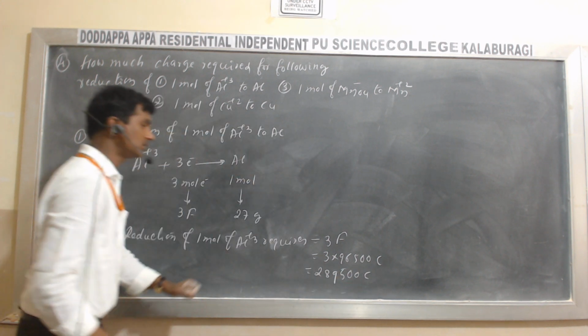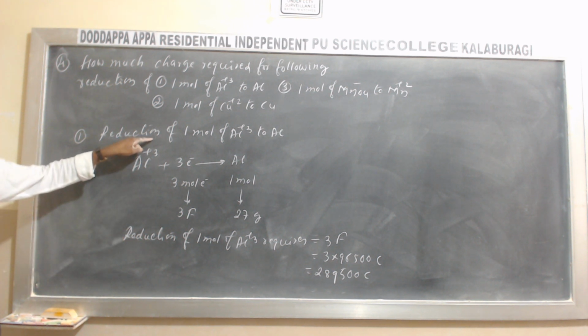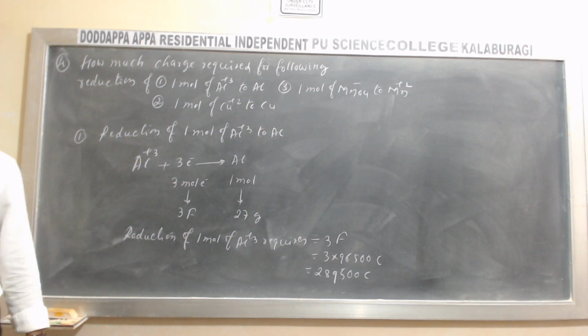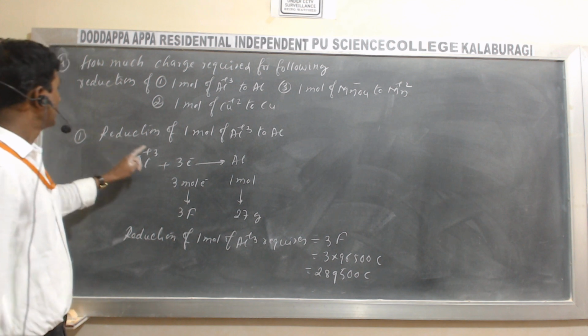So this is the charge required for the reduction of 1 mole of Al3+ to Al. So this is the first example.